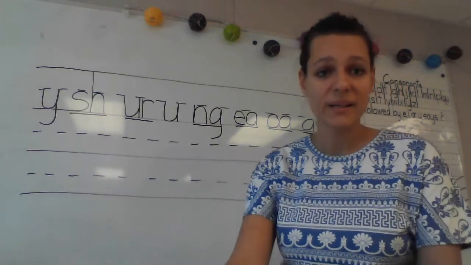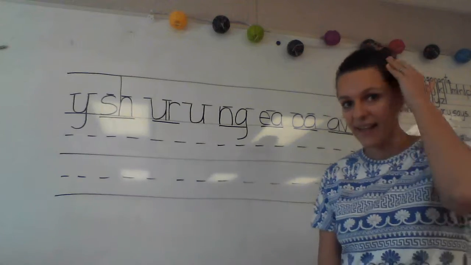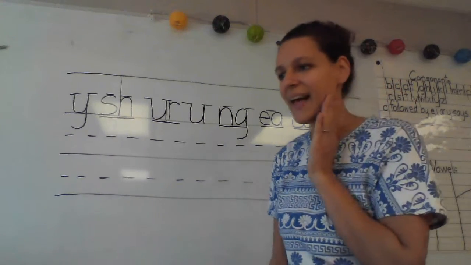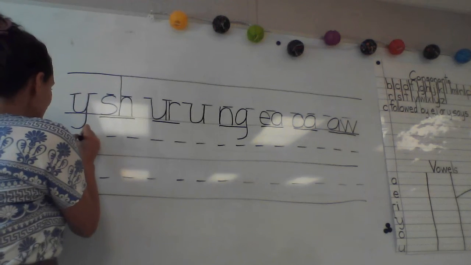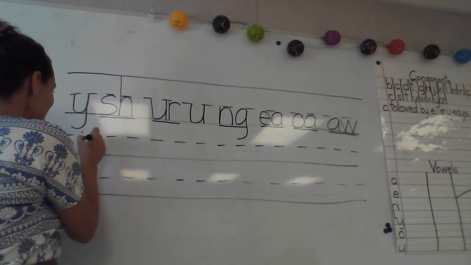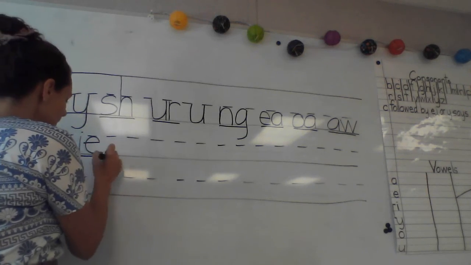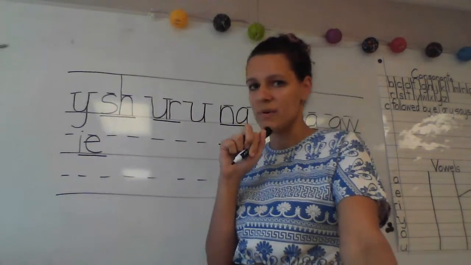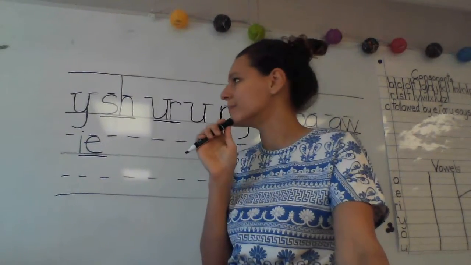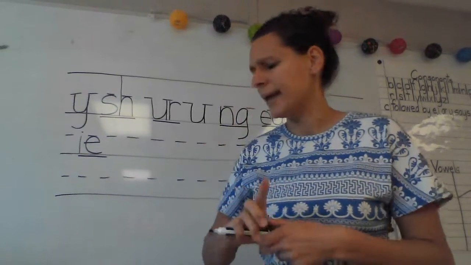Class, what did you just write? Good. E-I. If I'm having trouble remembering that, I can say to myself the whole thing, which is we say E-I, but we write I-E. That phonogram is in one of my favorite words, pie. Now I'm thinking about pie. Thanks a lot, E-I.